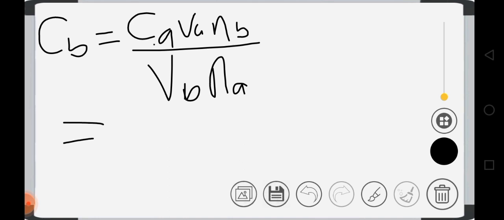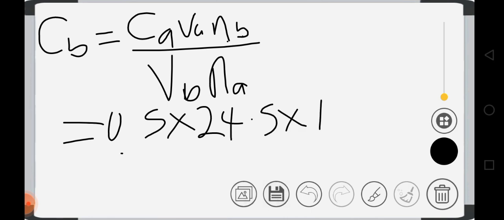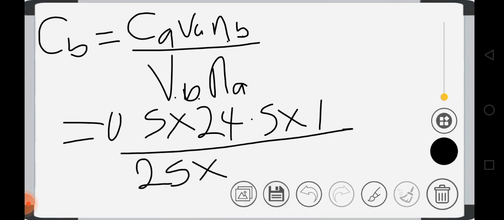Next, let's substitute their respective values. Concentration of acid was 0.5, times volume of acid, 24.5, then number of moles of base 1. Volume of base 25, number of moles of acid 1.